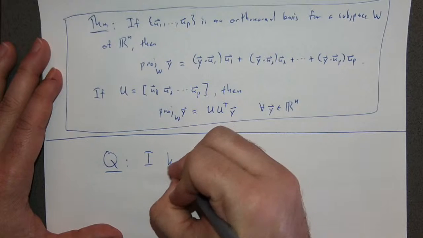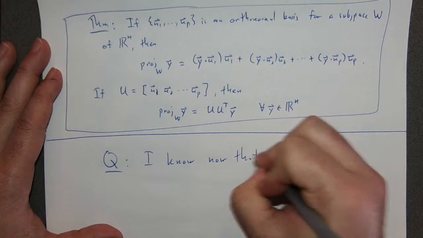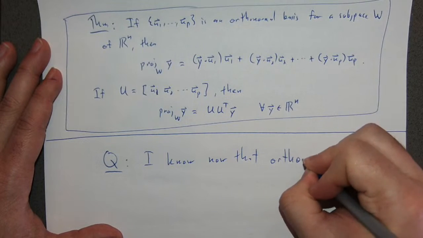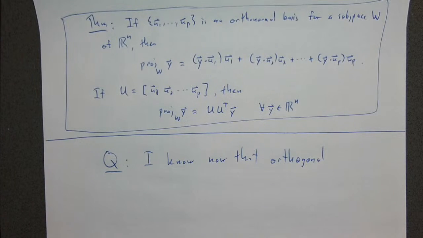I know now that orthogonal bases, this is the important part, right? Remember, yes, orthonormal bases are even better, but if you have an orthogonal basis, coming up with an orthonormal basis is trivial. You just scale every single vector by its length, which you can do if it's a non-zero vector.